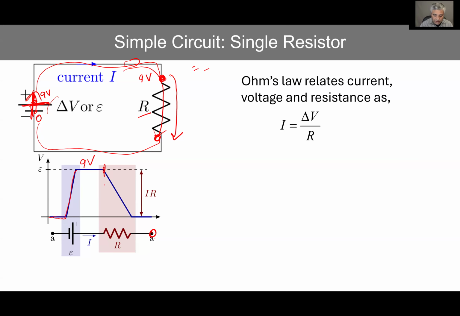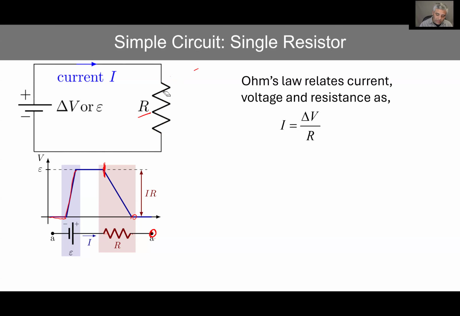Then it remains unchanged where there is the connecting wire, but it decreases to 0 once it crosses the resistor. If there is more than one resistor, then it does not go to 0 in one resistor. We'll talk about that situation as well, but this is a simple circuit situation.